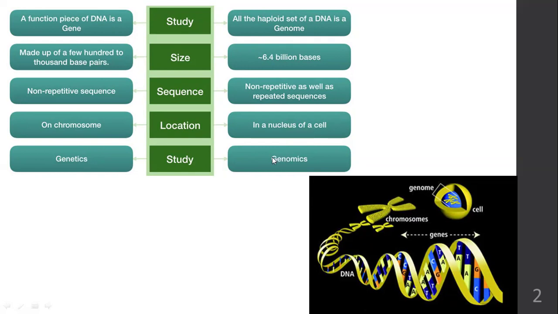When we study the genome, we call it genomics. The study of genomics is very vast because you're collecting data about human existence, even the evolution of humans. When we want to study the evolution of humans, we study genomics.